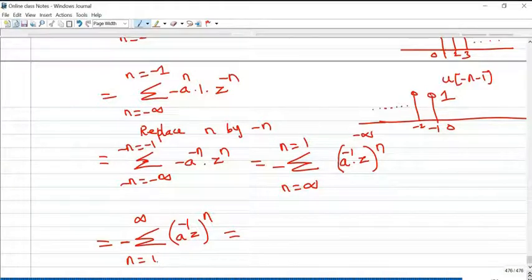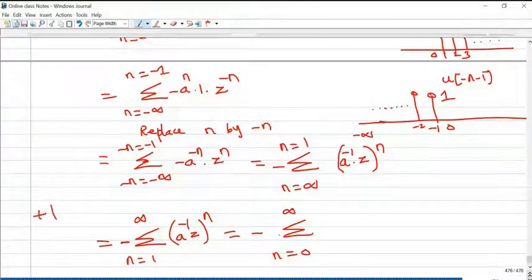I need 0 to infinite. For that, what I am going to do, n equal to 0 to infinite. Indirectly, I am adding n equal to 0. If you substitute n equal to 0, anything power 0 is 1. So I am adding plus 1 in this result indirectly.